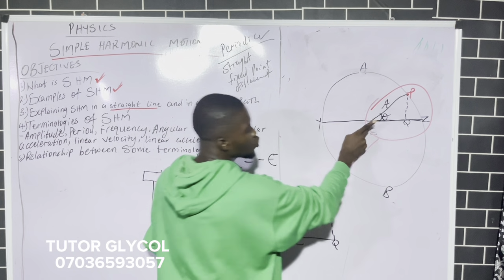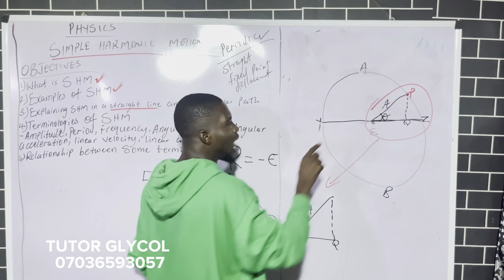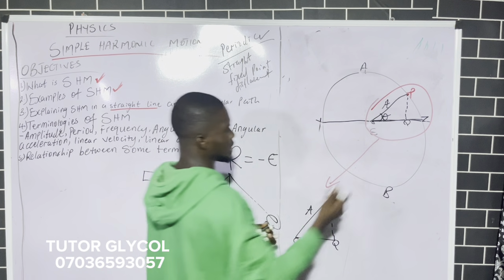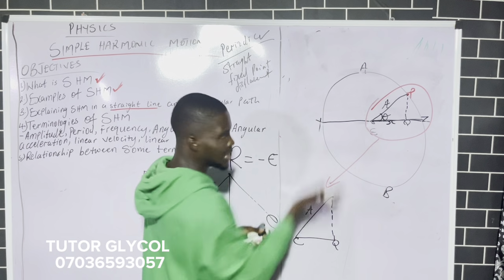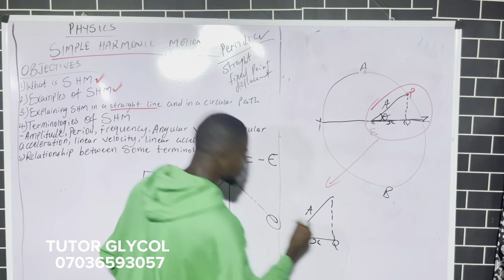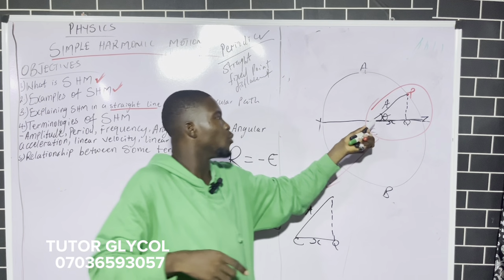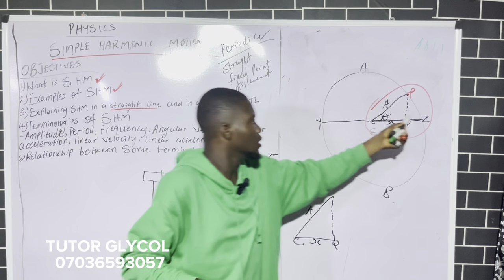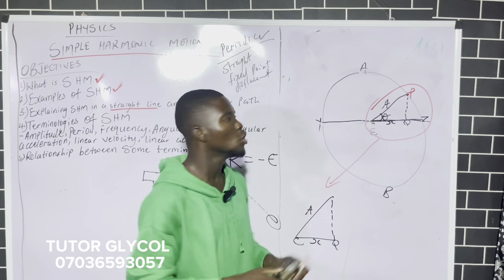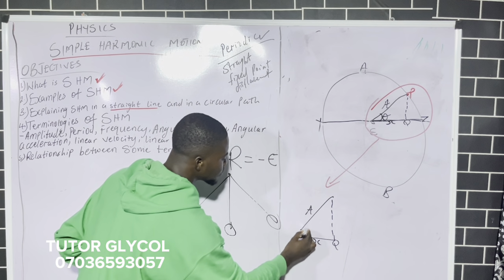This was where shadow Q started from, but this is where shadow Q is. It means that shadow Q has displaced a particular distance x. It has displaced from here to here, that's the displacement x. So x is actually the displacement of shadow Q from point C, the center, which is the equilibrium position. So all of these things I brought out here, and this is our theta.